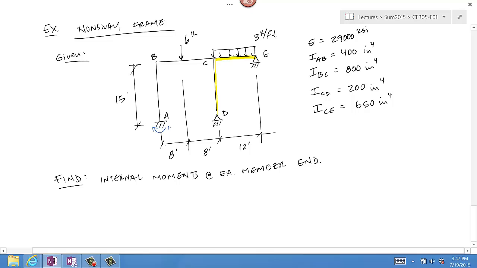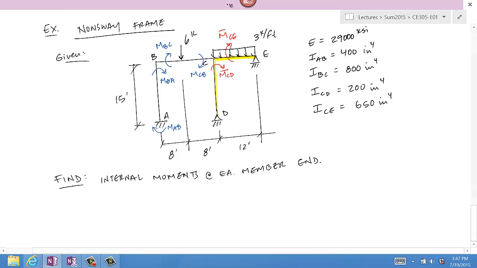So this is MAB, MBA, general case MBC, general case MCB, special case, clockwise direction, M bar CD, and special case M bar CE.